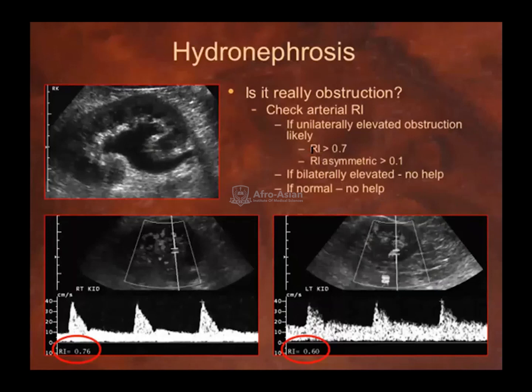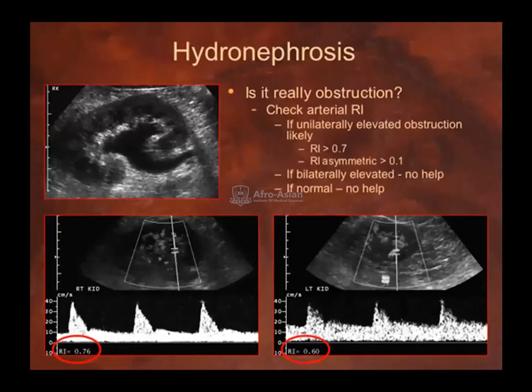So the first thing is generally when it is 0.7 or above, and if the difference between right and left is above 0.1. If bilaterally elevated, it cannot help much, but if normal, there will be no problem. In some cases, there will be a problem like here.